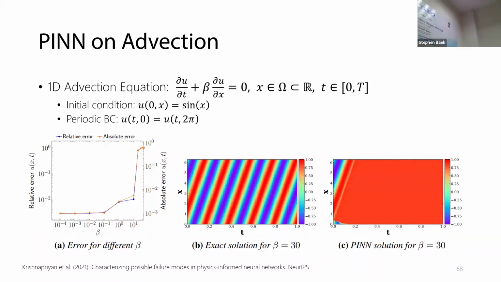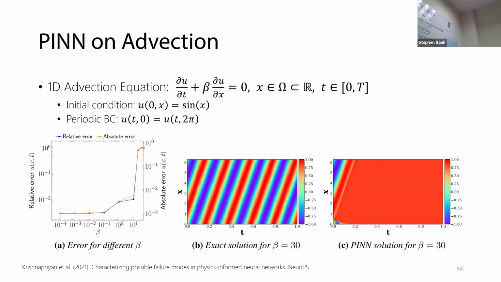You will see that the initial sine wave segment gets advected properly, but in terms of the periodic boundary condition, it's not really respecting it. In fact, it fails to predict anything after time t equals, I guess, 0.2. 0.2 is roughly when the initial sine wave makes its full translation, right? And after that, it doesn't really predict anything.